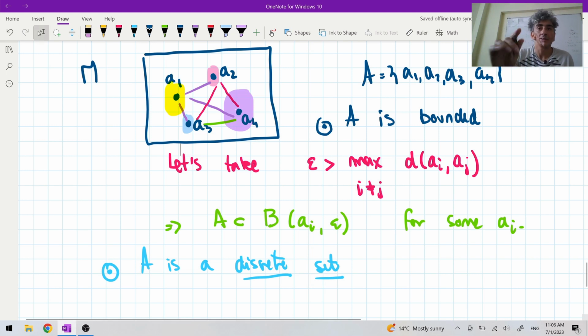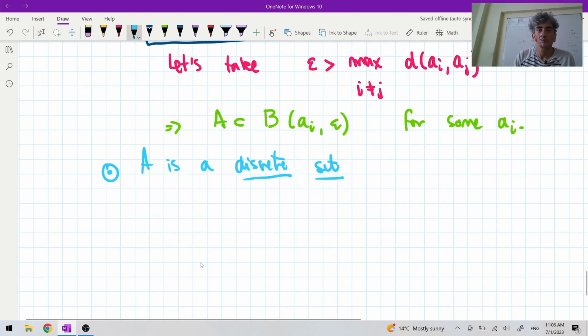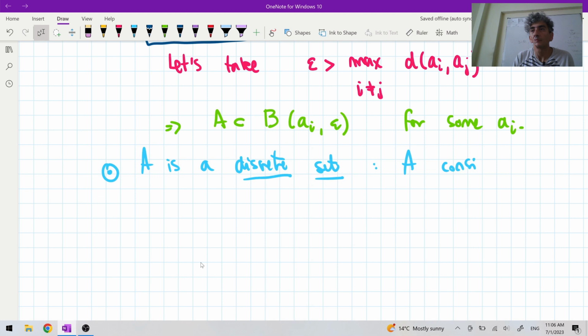That means that every point in A is an isolated point. A consists of isolated points.